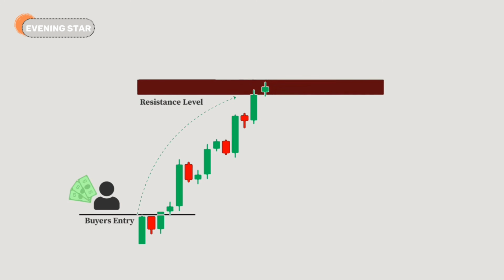Buyers who bought at lower levels have made a good profit due to this upside move in the price. Therefore, as the price reaches this resistance level, some buyers book their profits while others hold their positions, hoping the market will go higher. However, as the price faces rejection at higher levels and tries to move down, the buyers who are already in profit get scared and start exiting their positions, increasing the selling pressure near the resistance level.